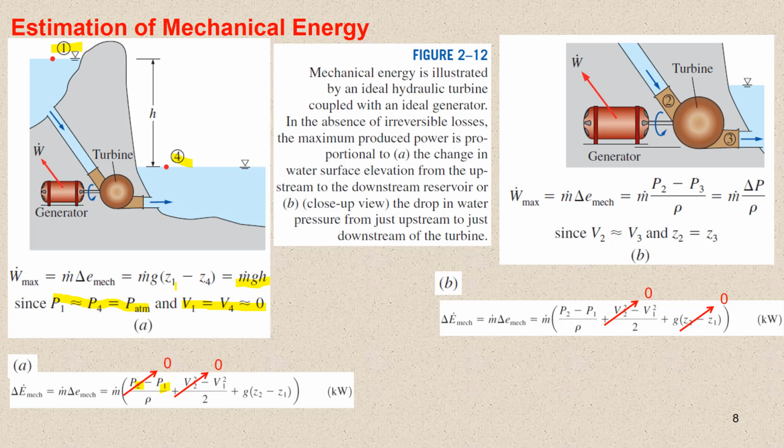If we consider situation B, where points 2 and 3 are considered for states 1 and 2 in the equation, we will notice that the velocity V2 is equal to velocity V3 because there is no change in fluid velocity. And you will also notice that z2 is equal to z3, the elevations, because there is no change in elevation. And the work done is going to be m dot delta P divided by rho.